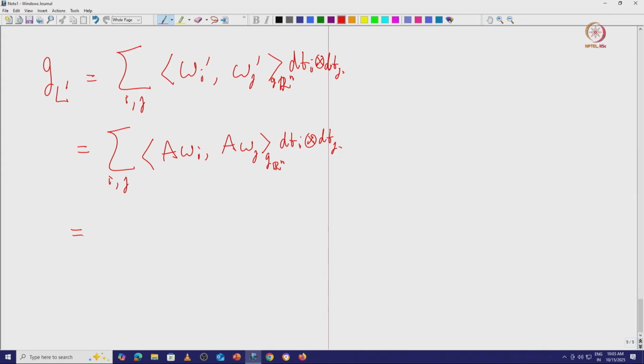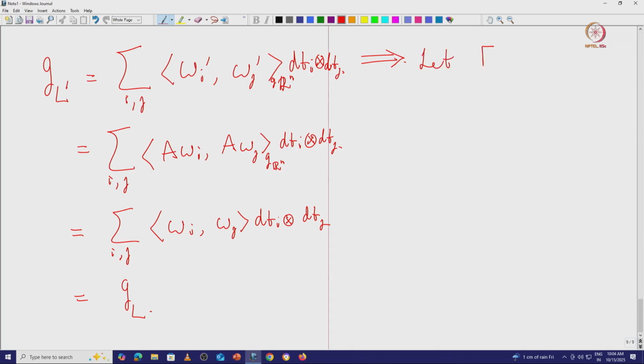Because A is an orthogonal matrix, this is the same as omega i dot omega j times dTi tensored with dTj, which is GL. So these two Riemannian metrics coincide, and hence the corresponding Riemannian tori are isometric. Now let's prove the forward direction. Let capital F be an isometry.